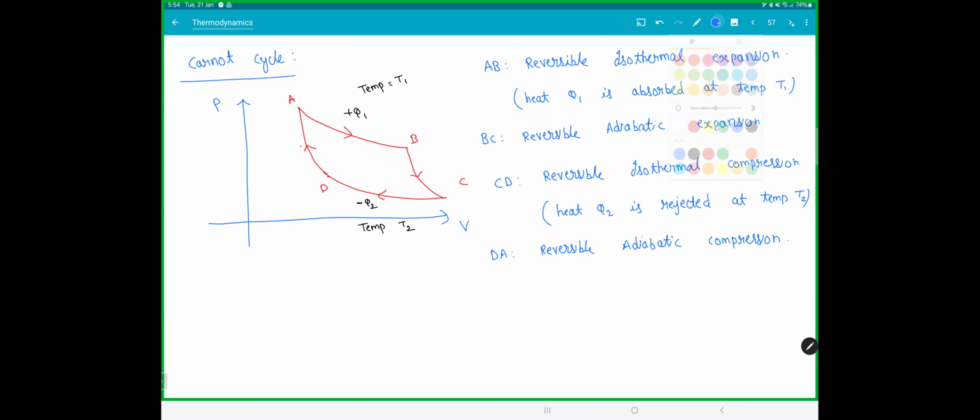So in this process, the main two results are this. When you actually solve this, T1 and T2, we get Q1 by Q2 is equal to T1 by T2. So this we get from this Carnot cycle. Just remember that. So in the Carnot cycle, the heat absorbed by the heat rejected will be equal to the ratio of temperatures T1 by T2.